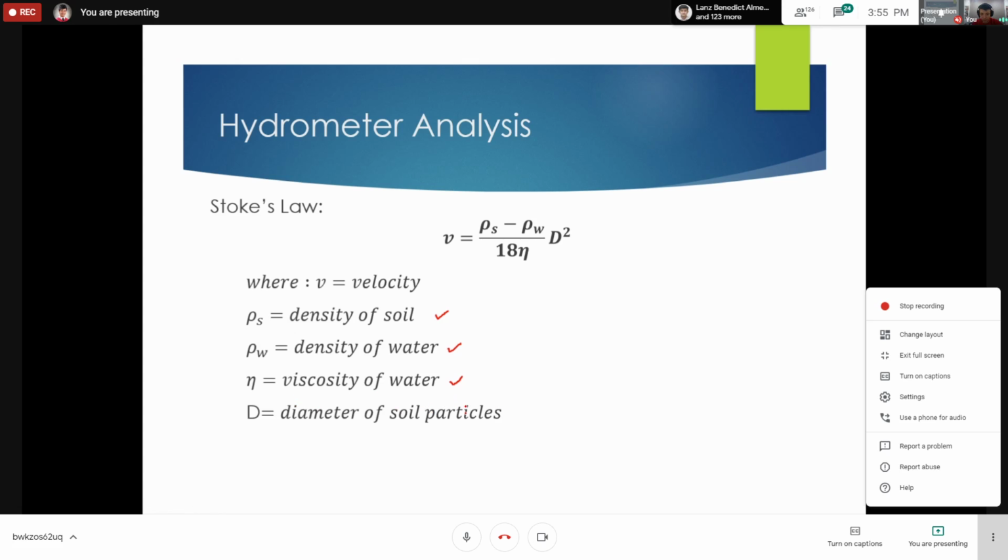And of course, D is the diameter of your soil particles, which is what we determine in the hydrometer analysis. Usually in the soil mechanics laboratory, the water we use is distilled water, so that there are no minerals mixed in the water.